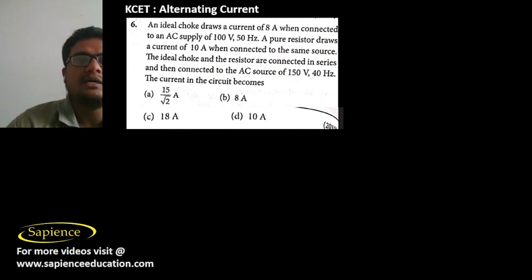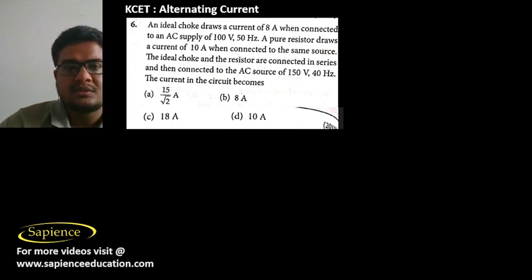It is told an ideal choke draws a current of 8 ampere when connected to an AC supply. An ideal choke means it is an ideal inductor which is having 0 resistance.